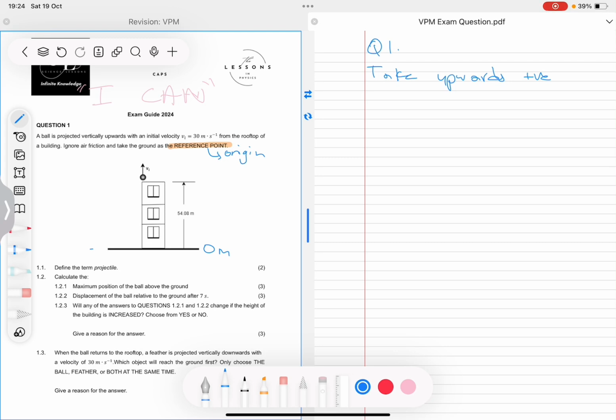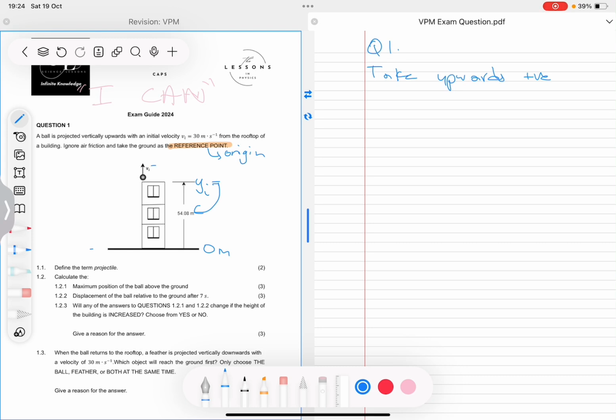So this means our ball starts at a position here of 54.08 meters. So our initial position is this number, 54.08 meters.